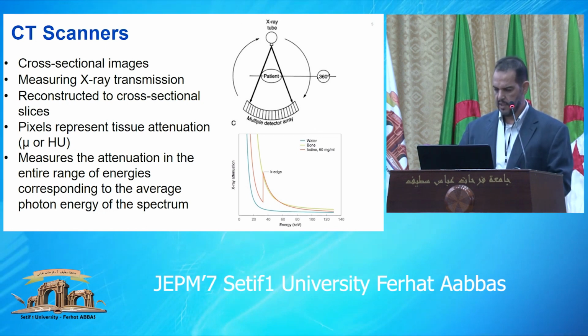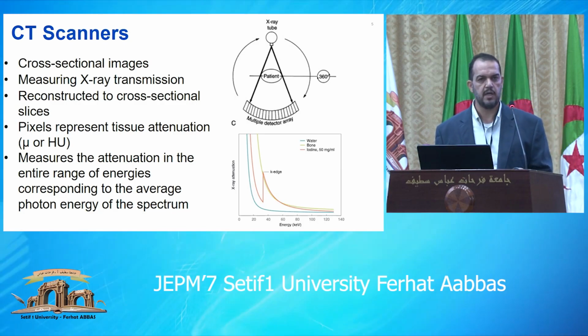So here I'm showing the basic CT. You have an X-ray tube, you have the patient, you have a multiple detector array, and when the X-ray tube and the detectors rotate around the patient, we get projections. Using filtered back projection or iterative reconstruction, we can reconstruct the cross-section images of the patient, and each pixel is either a Hounsfield unit or an attenuation coefficient.